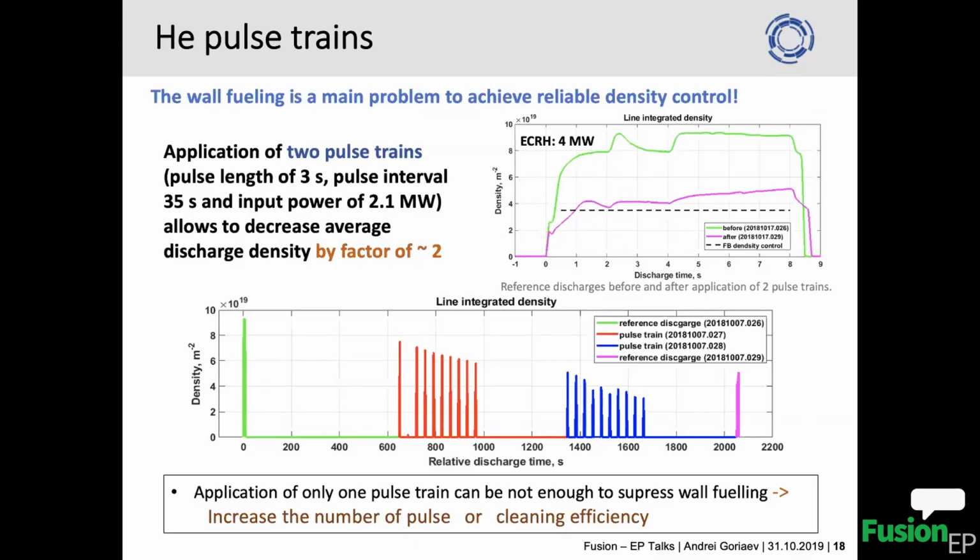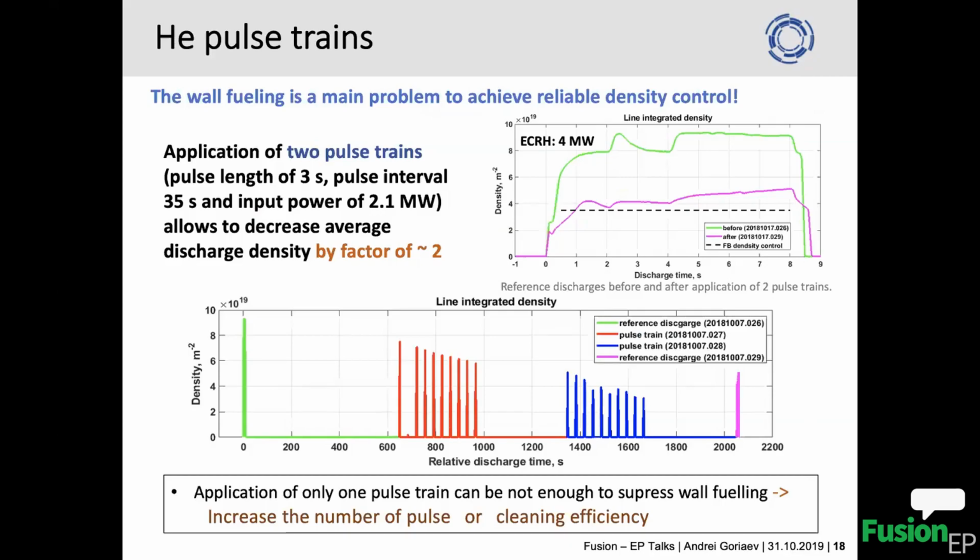So here I just want to show you the results of pulse train application. Usually you would like to control your density in the discharge. It's okay if you want to operate at high density, with fewer problems of wall fueling.